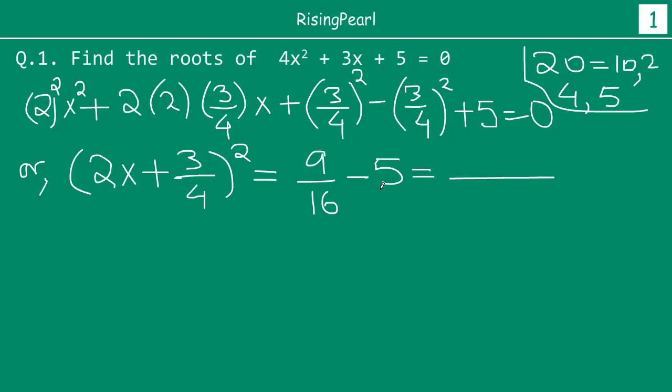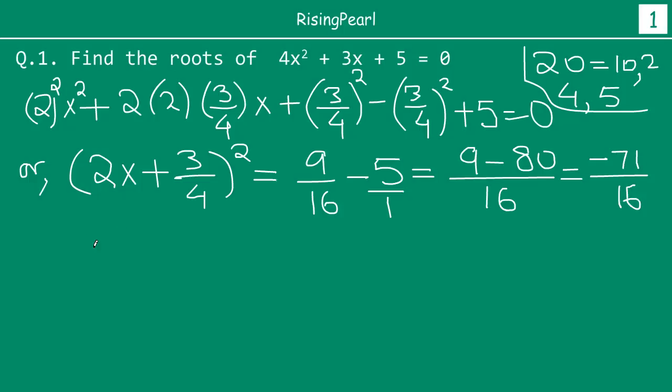Here the denominator is 1. So if you take the LCM, you will get 16. So you have 9 minus 16 fives, and 16 fives are 80. If you solve this, you will get minus 71 by 16.